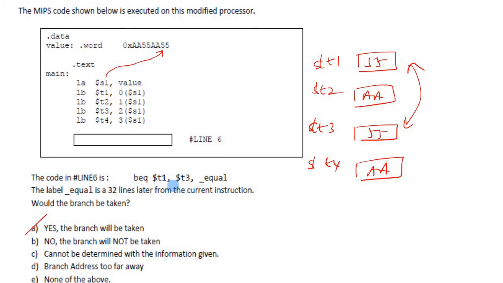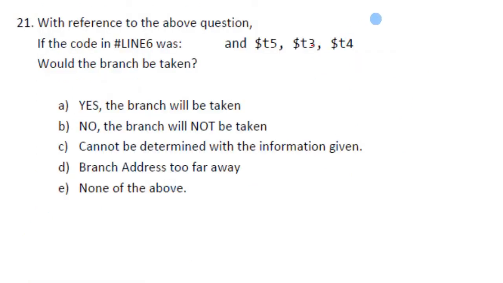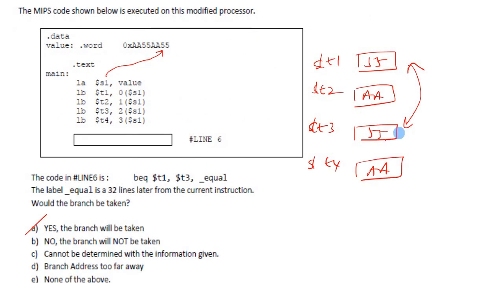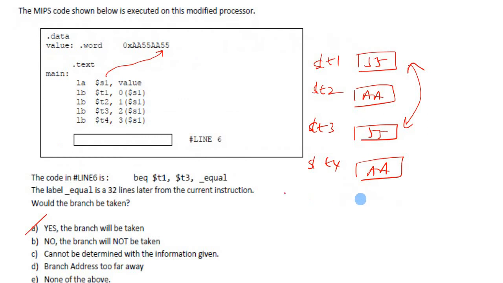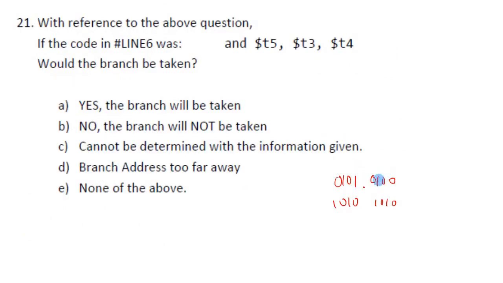How about the next question? The next question says, what if the instruction was AND T3, T4, and put into T5? So let's look at T3 and T4. T3 and T4 are 55 and AA. So 55 is 0101, 0101, and AA is 1010, 1010. When I load these two in, what will happen? We know that for the load byte instruction, I will do a sign extension.